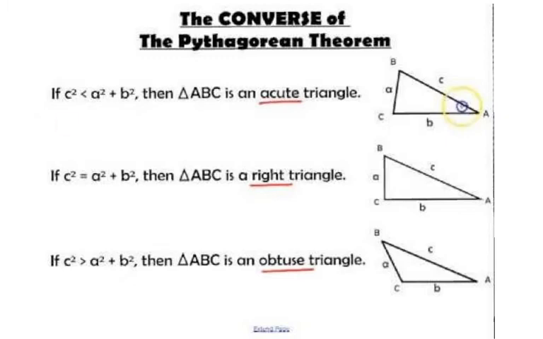So we calculate both sides of the equation, and with C squared first, if C squared is less than the sum, then that's an acute triangle. If both sides are equal, that means it's a right triangle. And if C squared is greater than this sum, then it's an obtuse triangle. It's called the converse of the Pythagorean theorem, and it allows us to classify triangles by their angles.